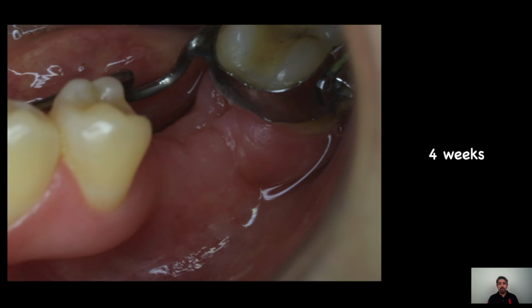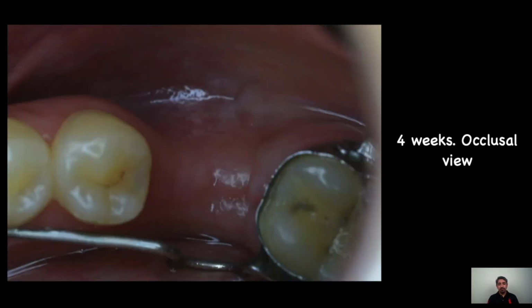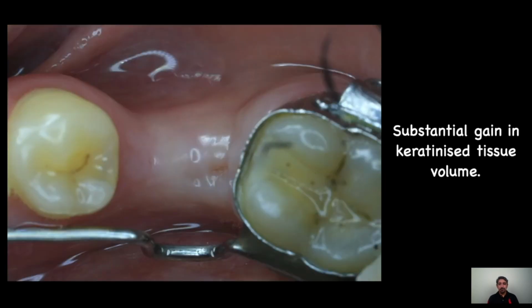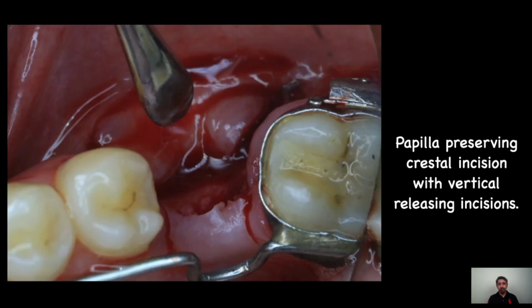This is what it looked like at 4 weeks and then again at 8 weeks, and at this stage we were ready to go ahead with the implant placement. And you can see that there seems to be adequate gain of keratinized tissue in the future implant site. The same thing from the occlusal view.